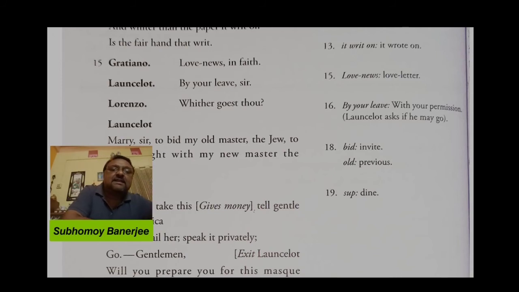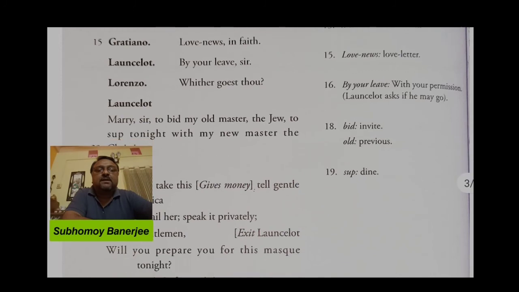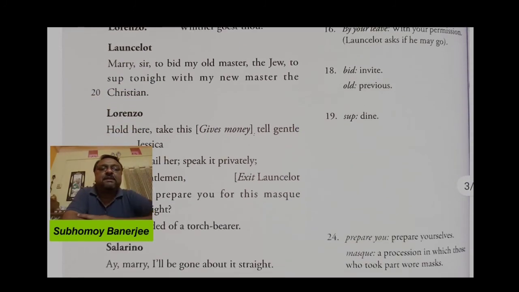And saying this, he is about to leave when Lorenzo says, "Whither goest thou?" Where are you going? Wait, wait, wait. Don't go. And Lancelot says, "Marry, sir, to bid my old master the Jew to sup tonight with my new master the Christian." Marry here means in the name of Virgin Mary. He swears in the name of Virgin Mary.